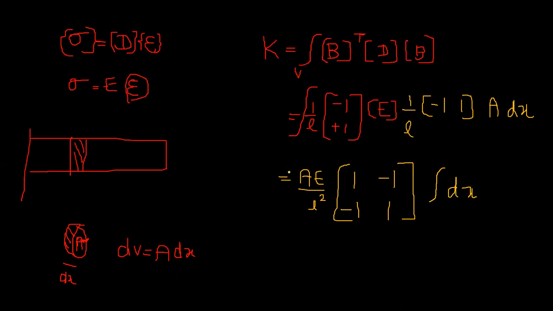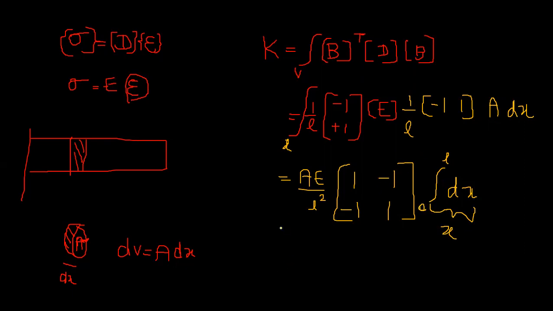Into dx, right? So this is dV, but we know the area is now constant, so this becomes a linear integral over the entire length, right? So dx means this is just x, right? X is from 0 to L, right?